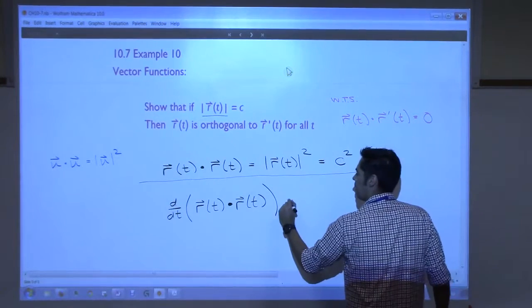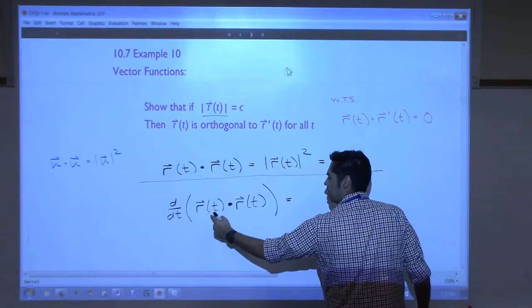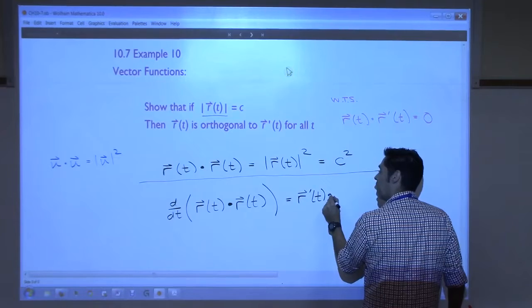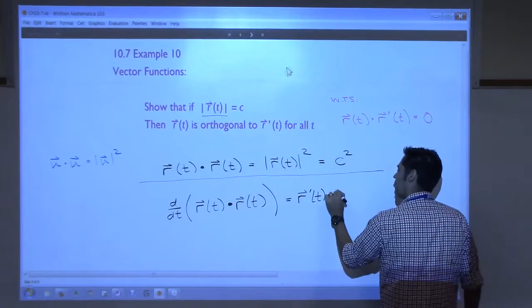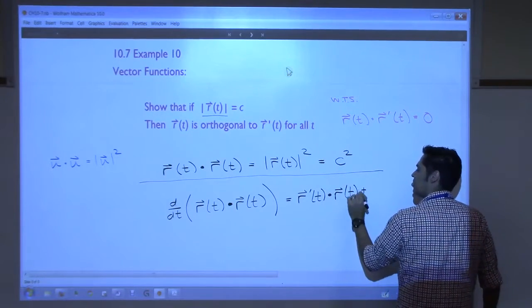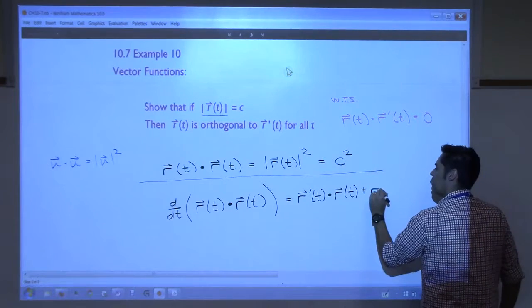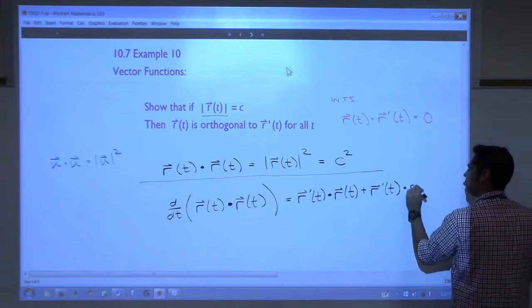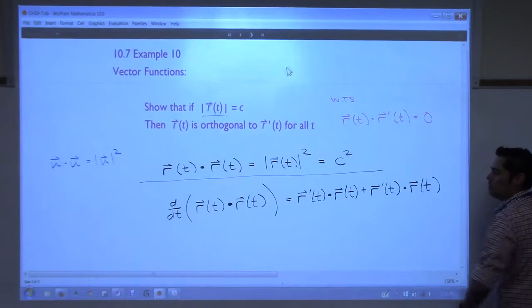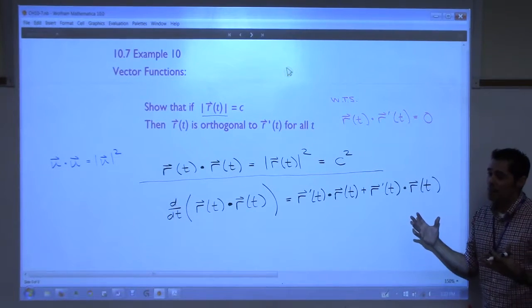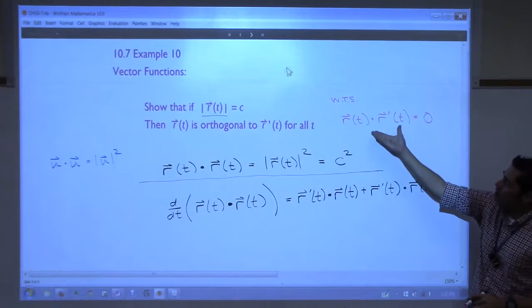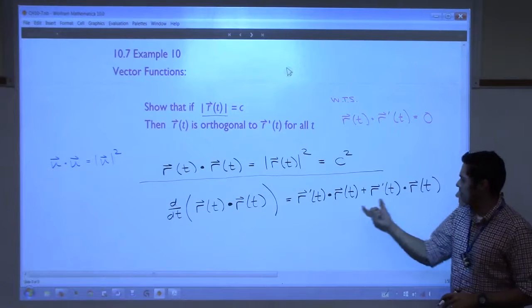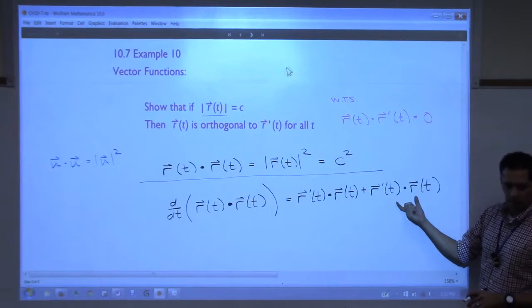It would be the derivative of that one dotted with this one, plus the derivative of the second one dotted with the first one. Now, do you see why I did that? What I'm trying to show, isn't that this? Isn't that this? Yes?